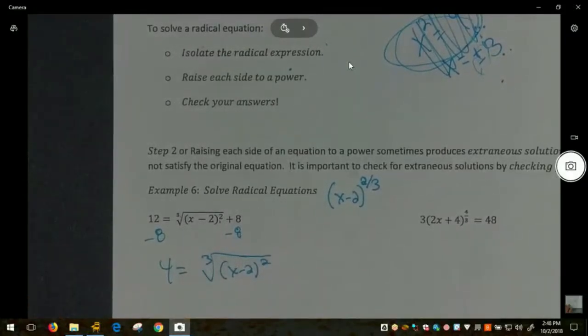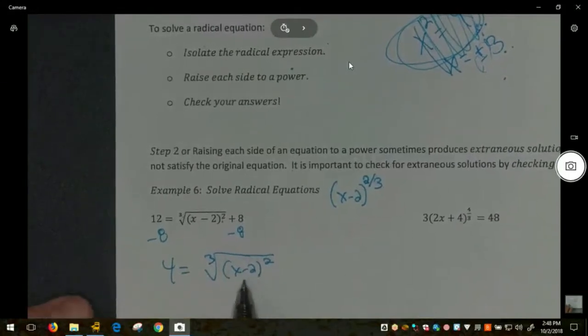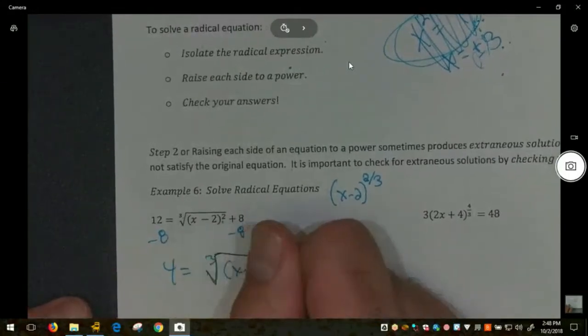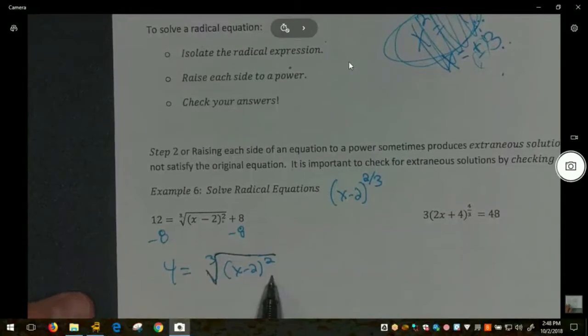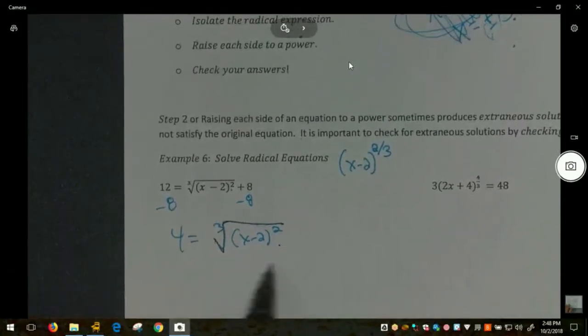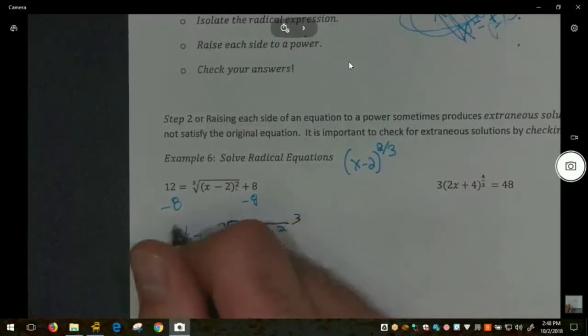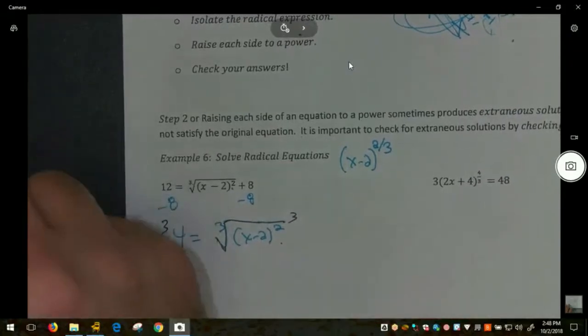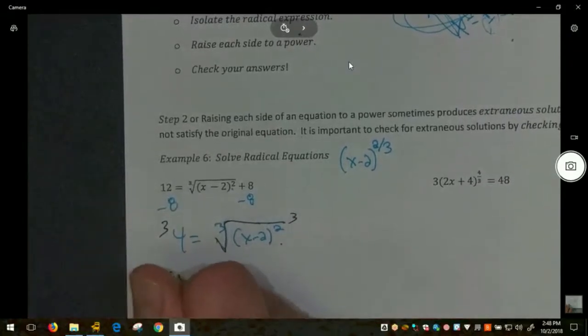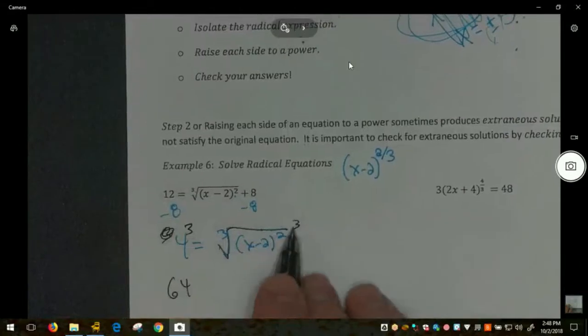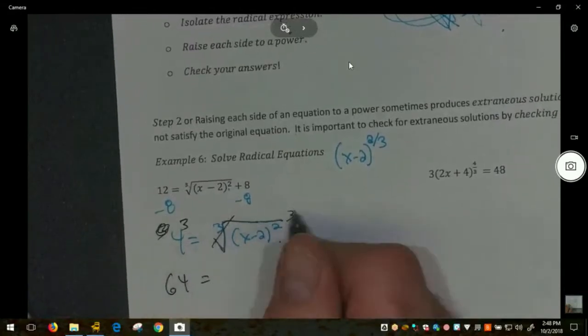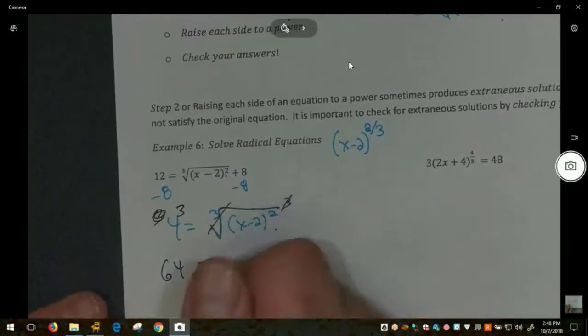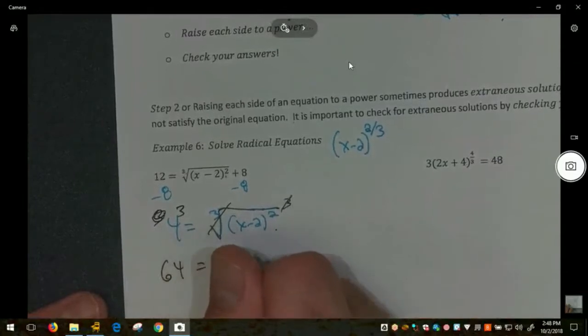Now, if I want to undo the cube root first and then undo the square, I can. Let me show you how to do that first. I'm going to undo the cube root by cubing both sides. 4 to the third power is 64, so I'm cubing this side and cubing this side. Over here, the cube root and cubed undo each other. So I now have x minus 2 squared.